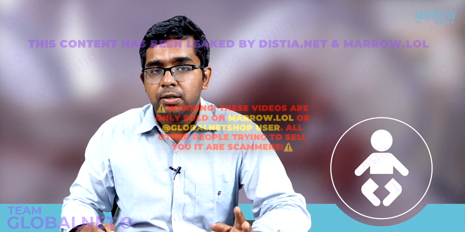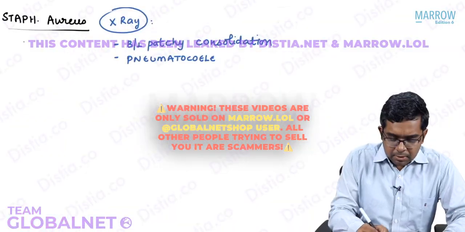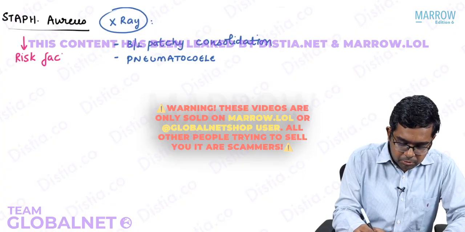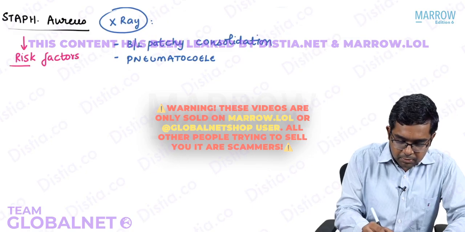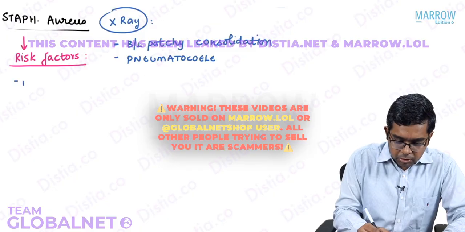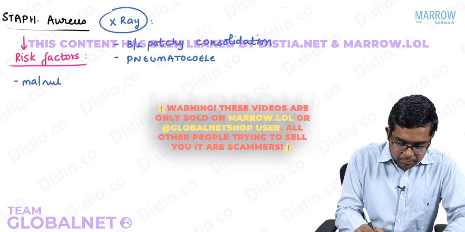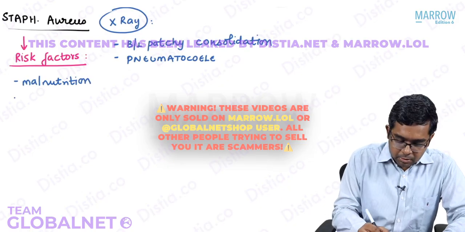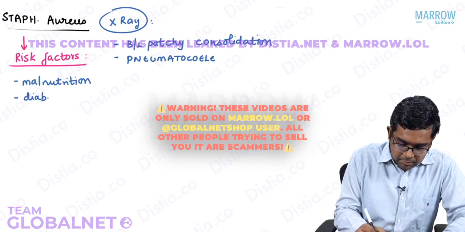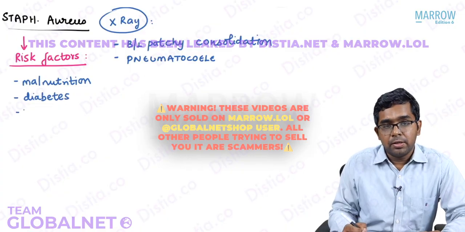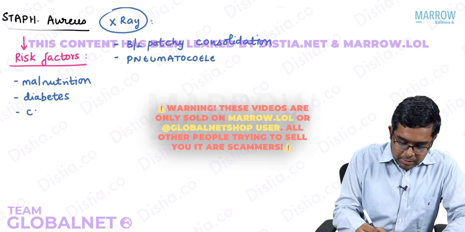There are some risk factors which can predispose to the development of Staph aureus associated pneumonia. What are they? They include children with malnutrition, especially severe malnutrition, children with diabetes, and this Staphylococcal pneumonia can also occur as a complication of some viral infection.